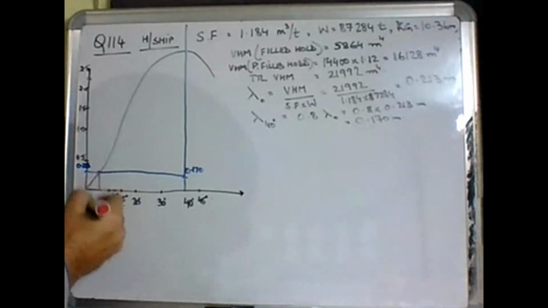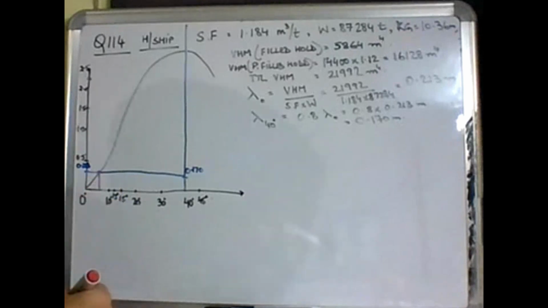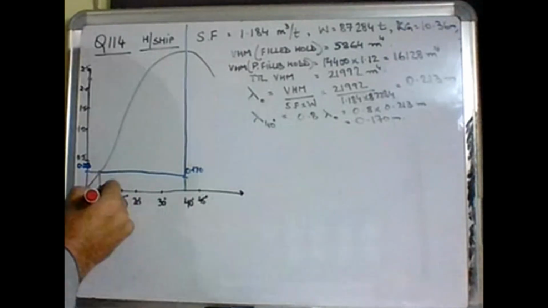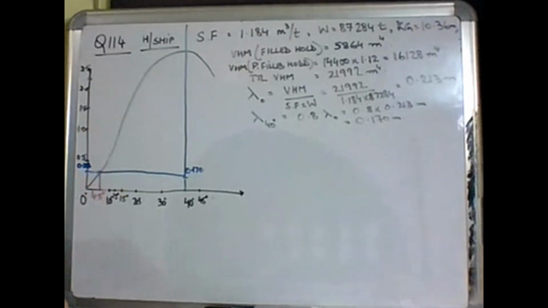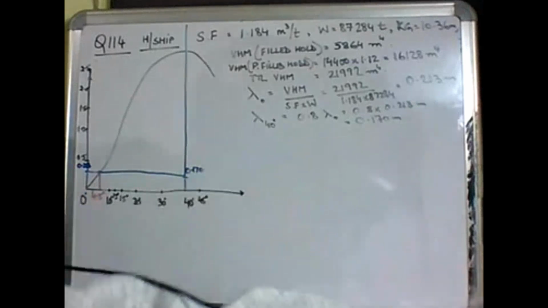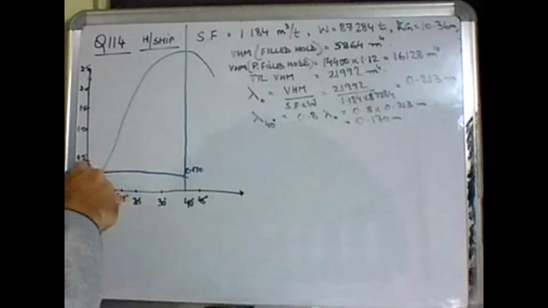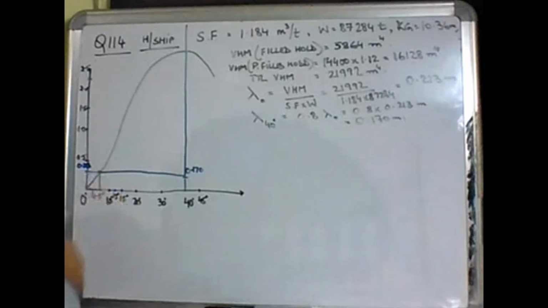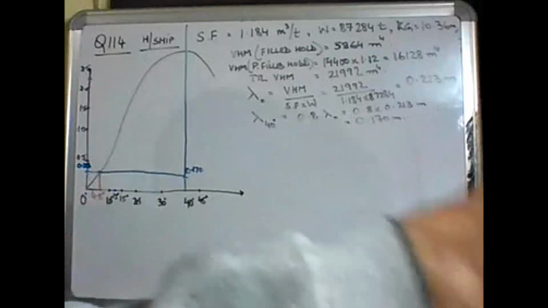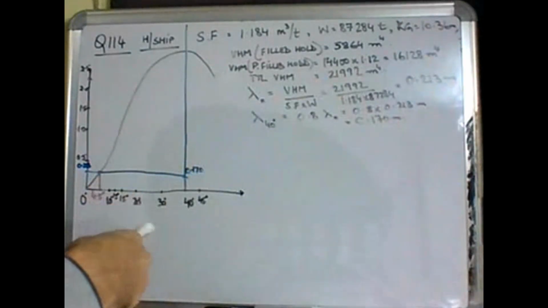Wherever it cuts on your x-axis, supposing this is 4.5 degrees, that is your angle of heel due to shift of grain. I repeat, wherever the healing arm curve cuts the GZ curve, that value is your angle of heel due to shift of grain.